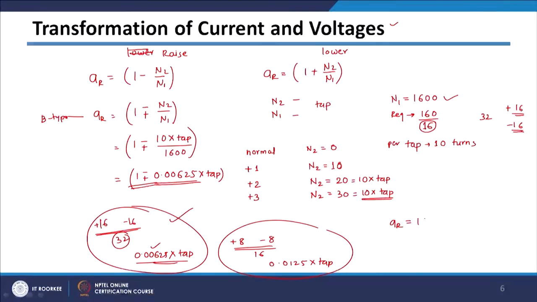This is how we can calculate AR for any type of regulator. AR will be nothing but 1 minus plus 0.00625 into tap, and as I told you, this is only possible if there are 32 taps in your system.